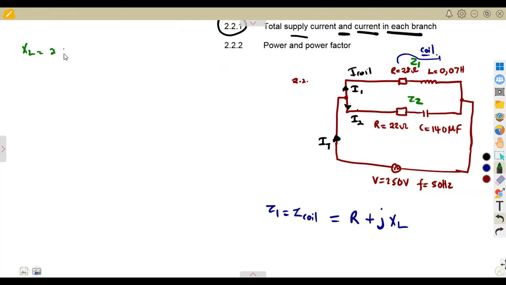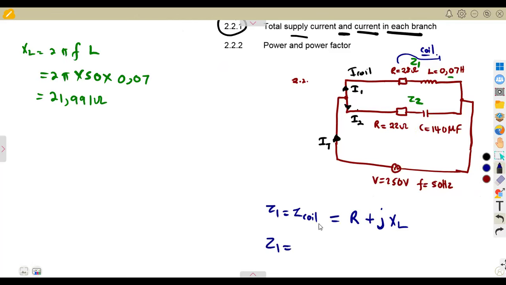XL is equal to 2 pi FL. That is 2 pi times the frequency, 50 Hertz, times the inductance, 0.07. You're going to obtain your XL as 21.911 ohms.